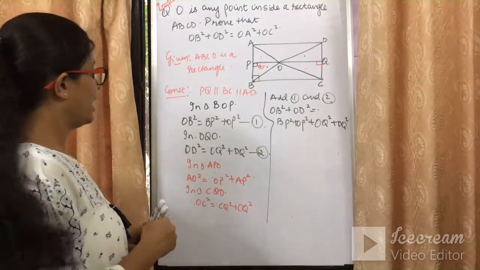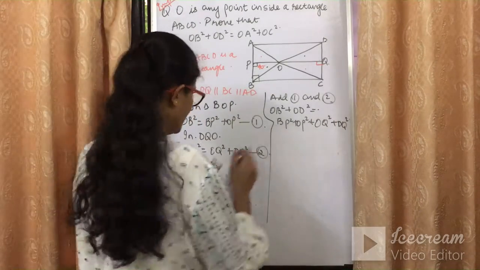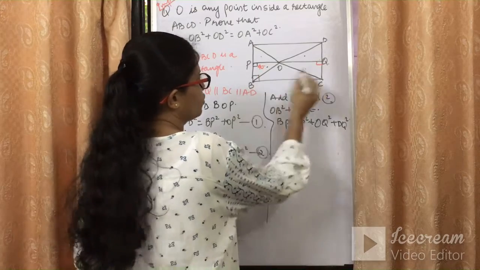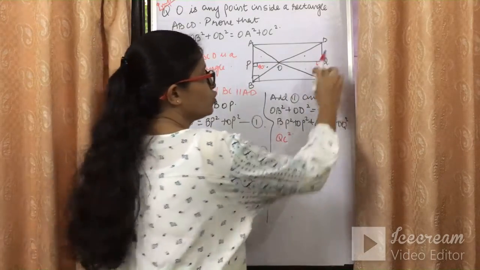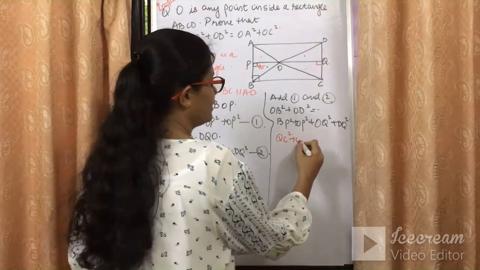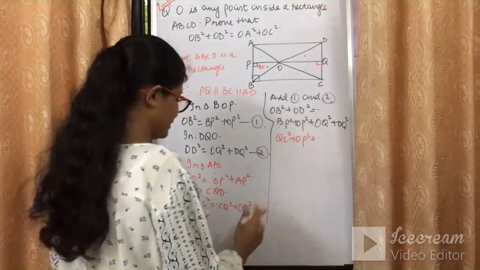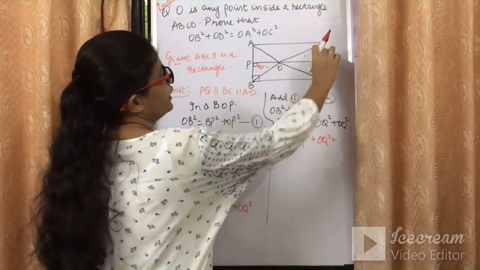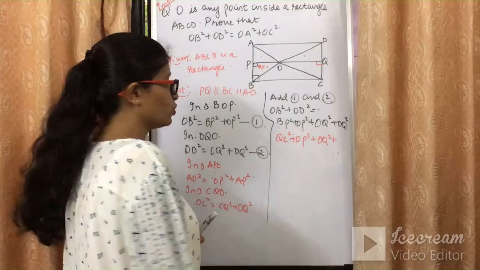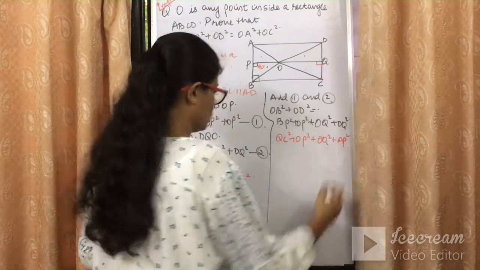Isn't it? Now instead of BP square, can I write QC square? Because BP is equal to QC, this is a rectangle, plus OP square remains as it is, plus OQ square remains as it is, plus instead of DQ can I write AP square? So it will be AP square.